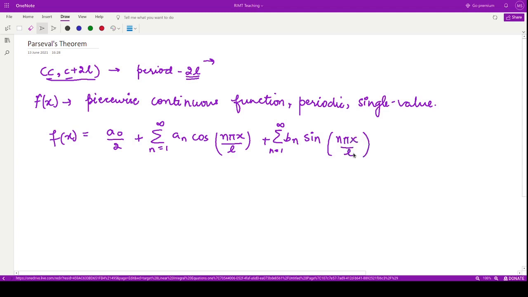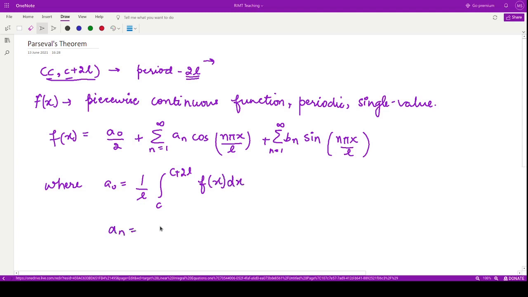So this we already know. Where what are these a naught, a n and b n? This a naught is given by 1 by l integration from c to c plus 2l, whichever interval is given to you, of the function f of x with respect to x.